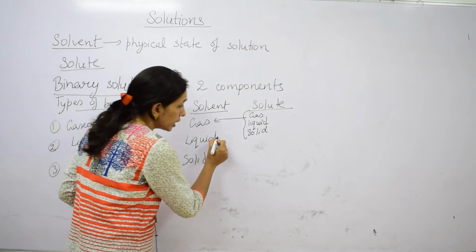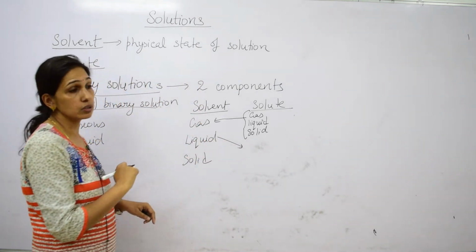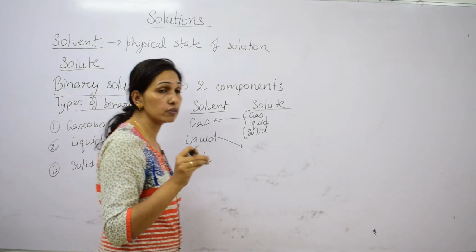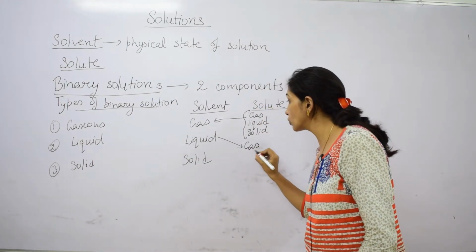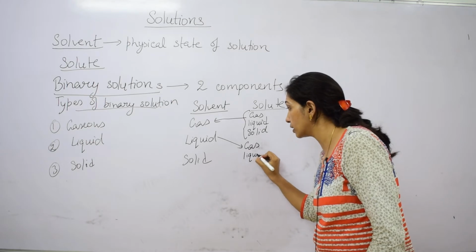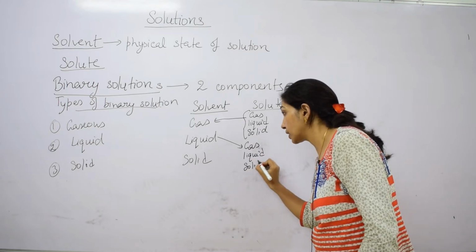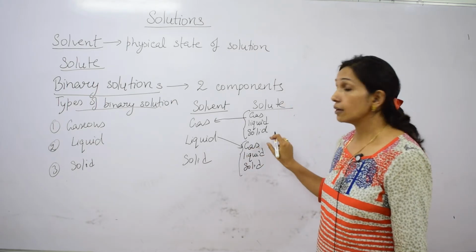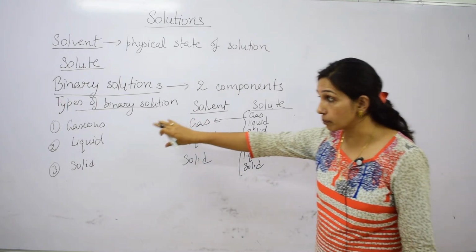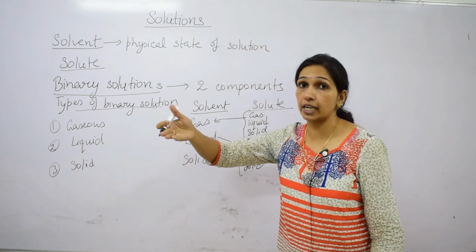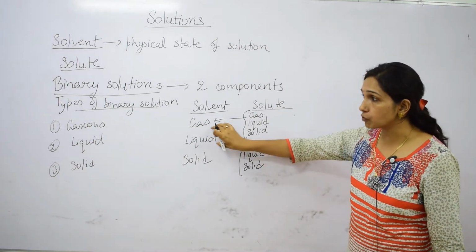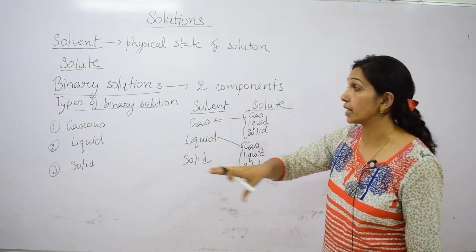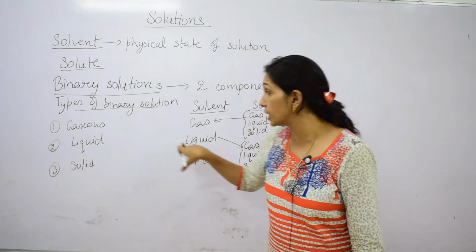In the same way, in a liquid solvent also we can dissolve gas, liquid or solid. Whether we are dissolving gas or liquid or solid, the physical state will only be decided by the solvent, that will be liquid.